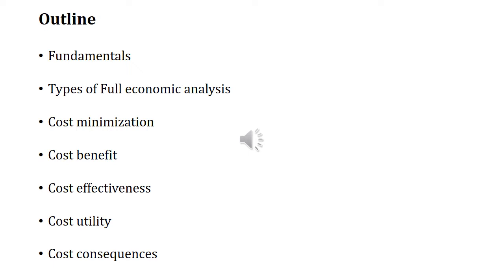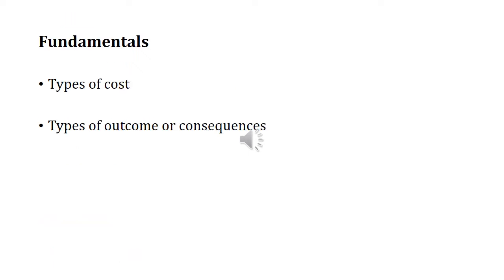We are going to understand full economic analysis and the types of full economic analysis, which includes cost minimization, cost benefit, cost effectiveness, cost utility, and cost consequences. So first, let us understand the fundamentals.